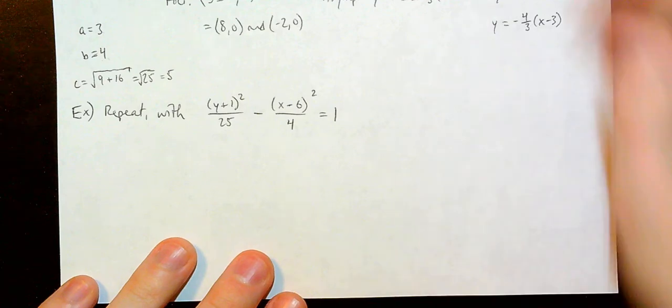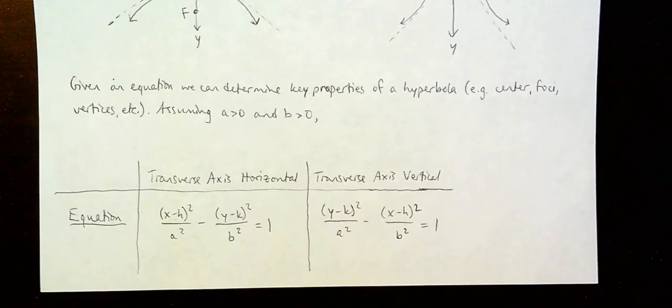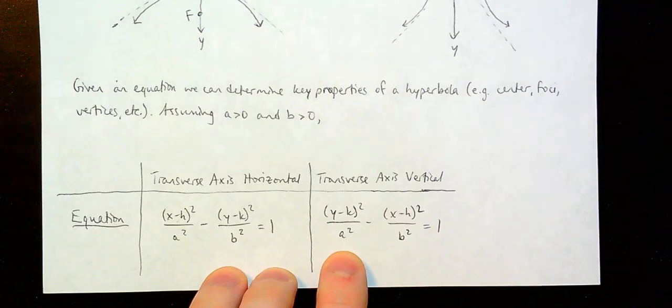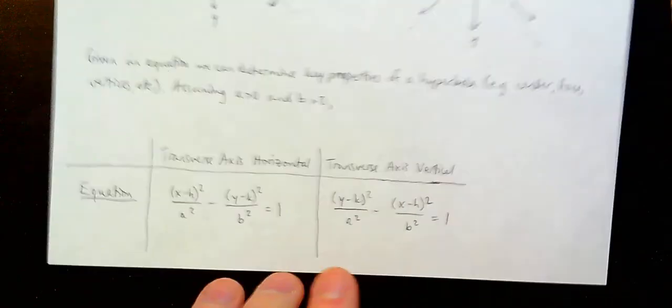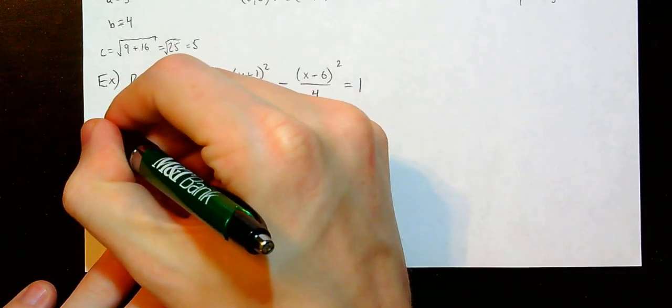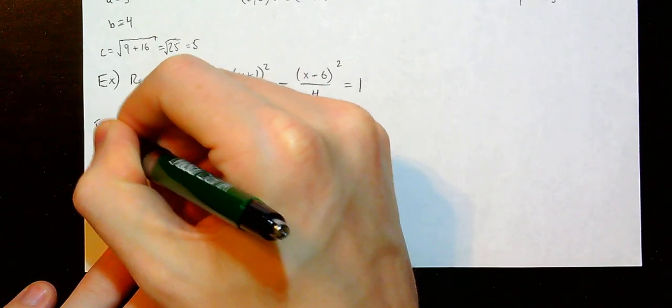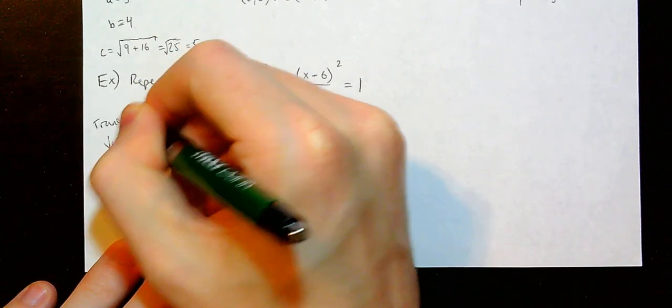The x's are in the second fraction. Comparing that to the general formulas here, if the y term is being listed first, then we have a vertical transverse axis. So we're going to make a note of that. Transverse axis, vertical.